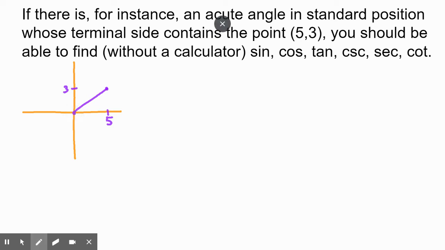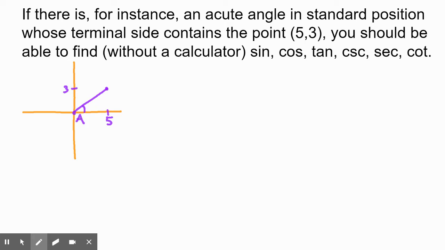The terminal side is at (5, 3). So this is the angle we're thinking of right there. We'll call that angle A. And they're going to ask what is the sine, cosine, tangent, cosecant, secant, or cotangent. So let's just do them all. That's like the representation of what the question has.